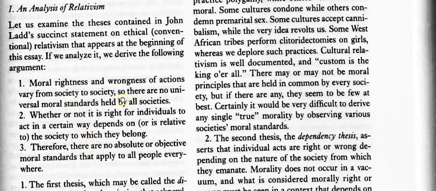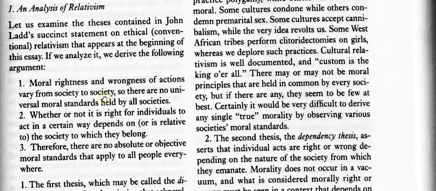And so when we're defining ethical relativism, we need to be sure to account for how all of this is understood. What I mean by that is that students often will define relativism as only this first part here, right to the comma. So moral rightness and wrongness of actions vary from society to society. Or that something like individual morals vary.